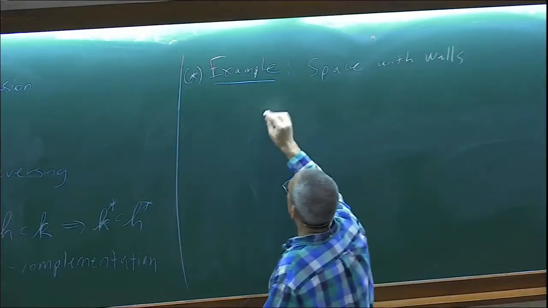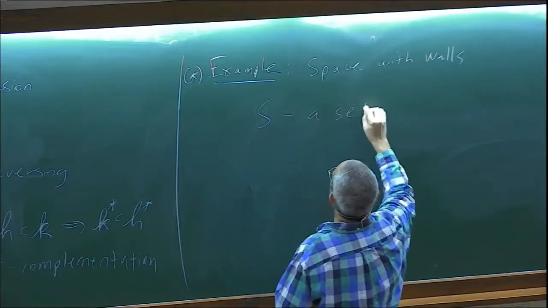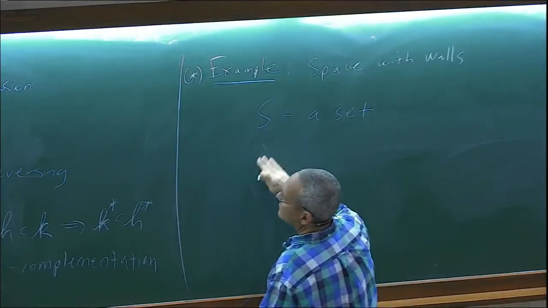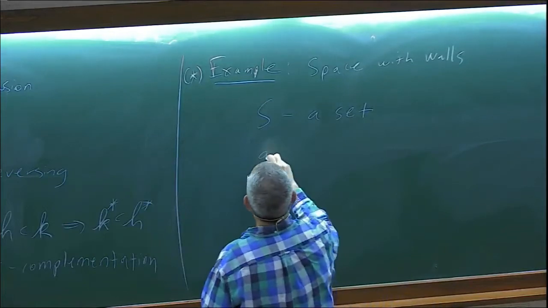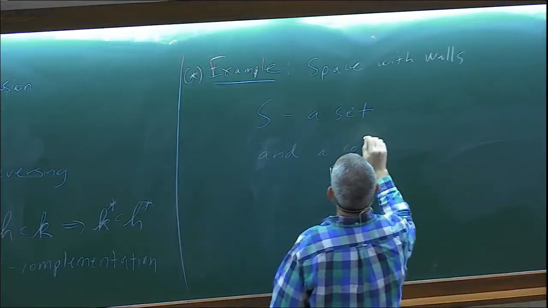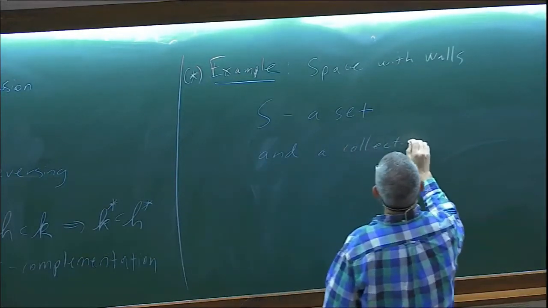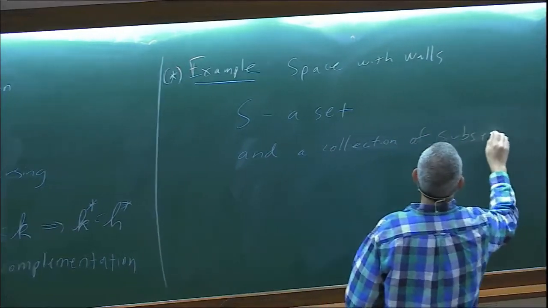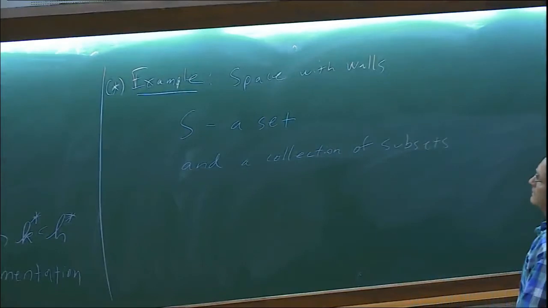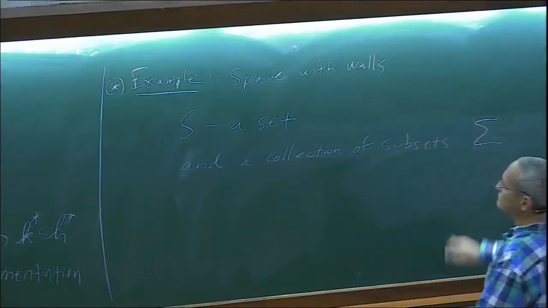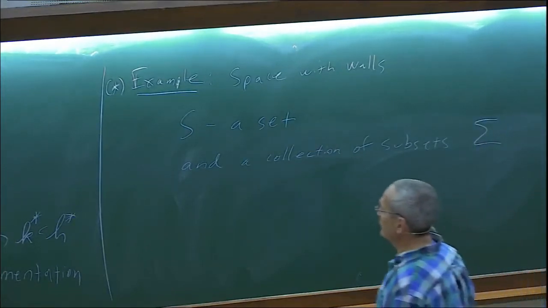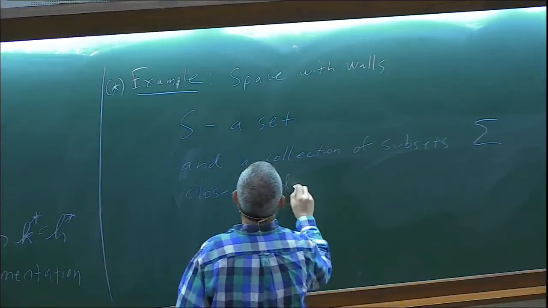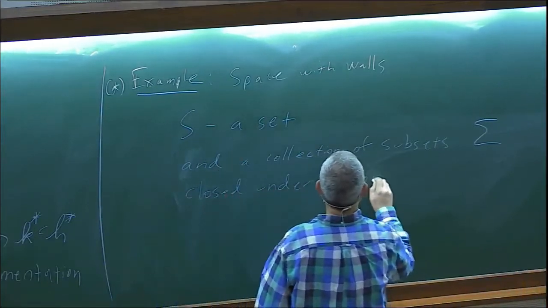So you just think of a set, a collection, and a collection of subsets. What do I call it? Sigma. Okay. Closed under complementation.